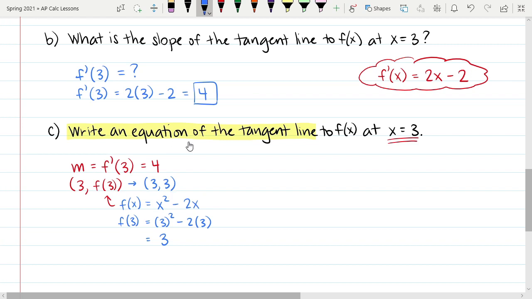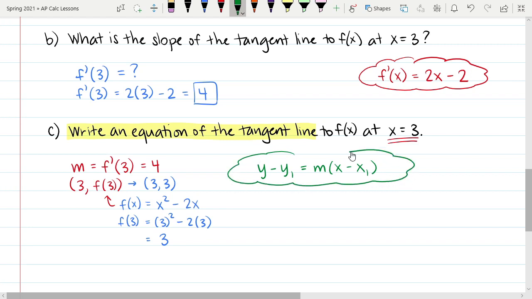So finally, to write the equation of a tangent line, you learned how to write the equation of a line way back in Math 1, and we can use point-slope form. This formula you should already have memorized from previous courses. If you don't have that formula memorized, start working on that now. To use this formula, m is your slope, which we found, and x1, y1 are the coordinates of a point on the line, which in this case is the point of tangency, the point where the tangent line hits the graph.